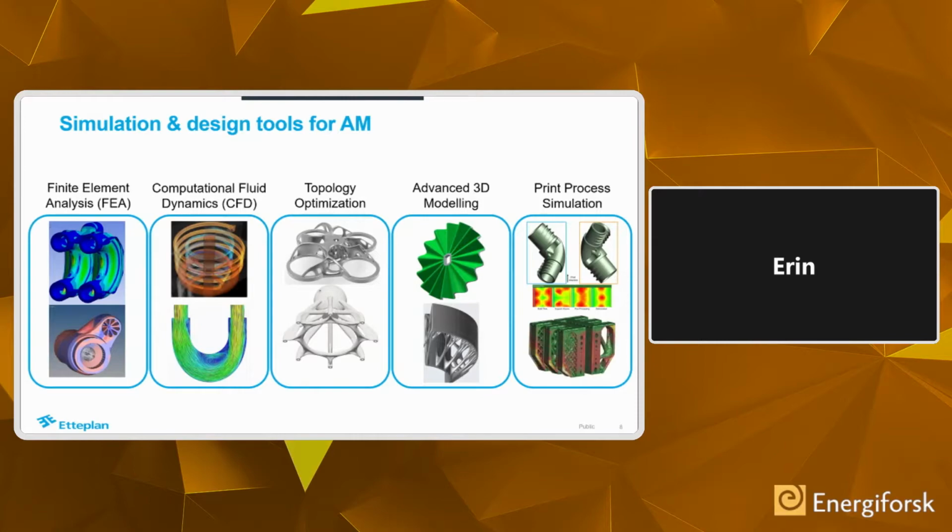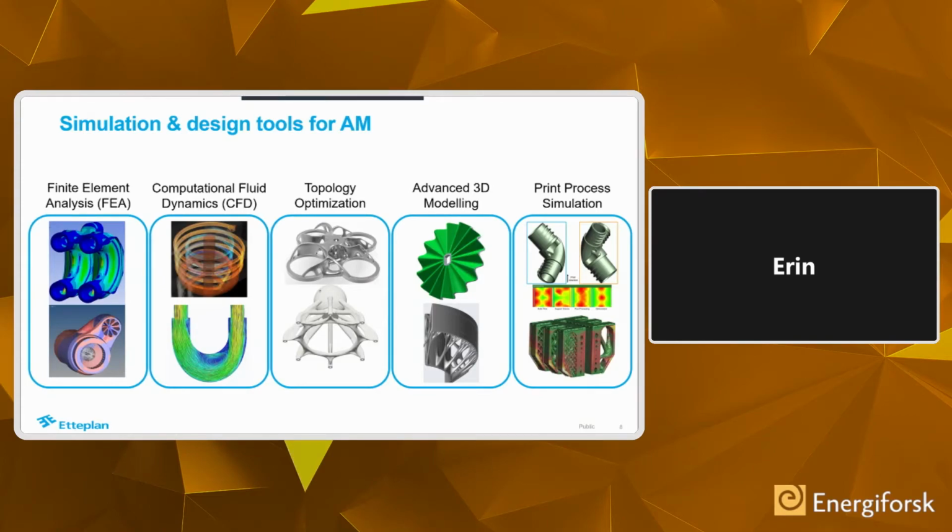Here's a look at some of the simulation and design tools we're using in our AM projects. Finite element analyses and computational fluid dynamics are often used at the beginning of a design project to evaluate existing structure and fluid flow in designs, and then throughout the project to guide new designs and to ensure that we're meeting all performance targets.